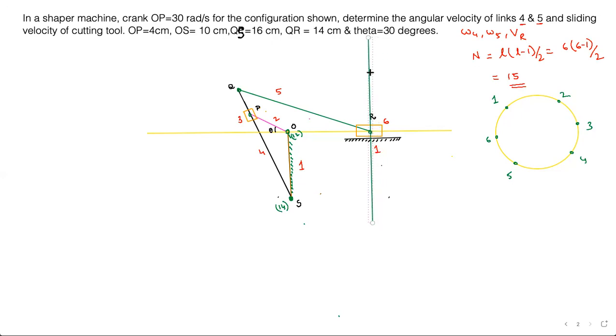This is perpendicular, and somewhere on that line we have the I center, which is the I center of 6 with respect to 1 or 1 with respect to 6. It means I can move this anywhere I want because the slider is sliding, right? So I can move this I center parallel to this and place it anywhere based on my convenience. Remember that I can move this one line to infinity, it's somewhere.